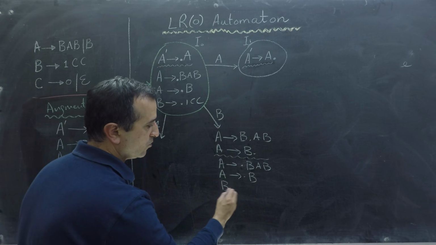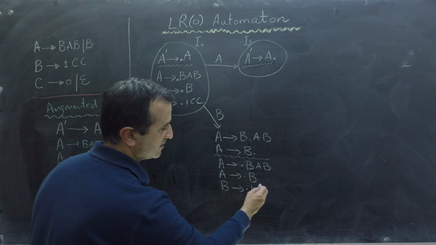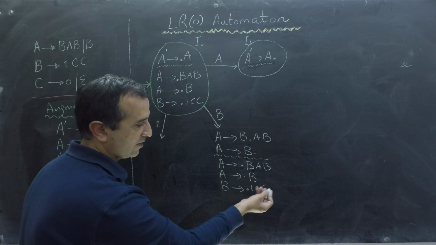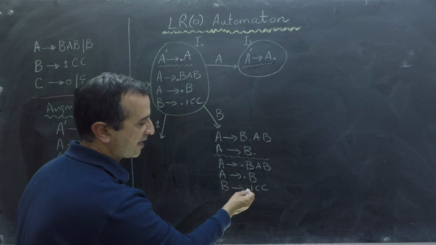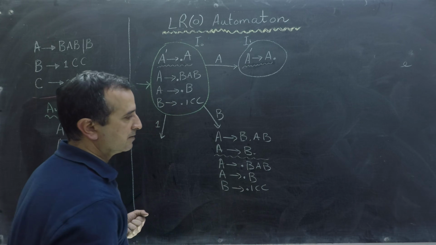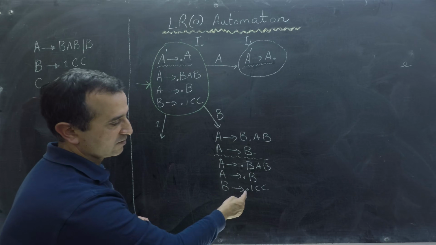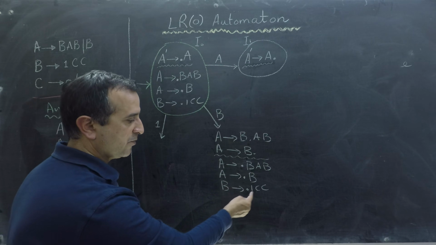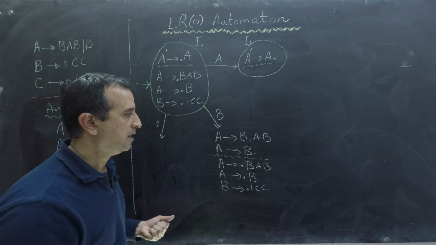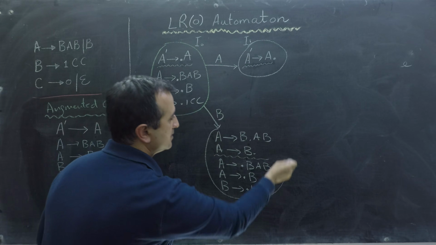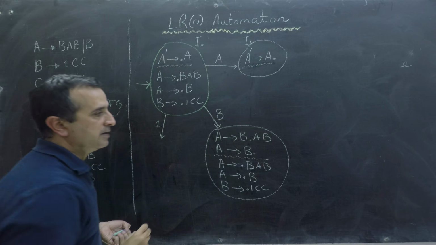So B goes to dot 1 C C, and I have to place my dot at the beginning of the right hand side. Now I can't add any more productions here because the dot is before 1 and 1 is a terminal symbol. So I'm done with this state of my DFA.